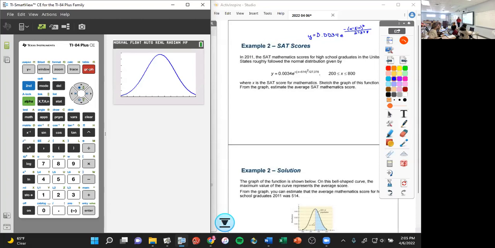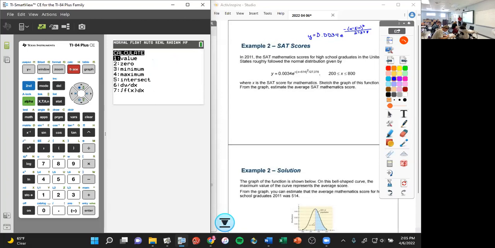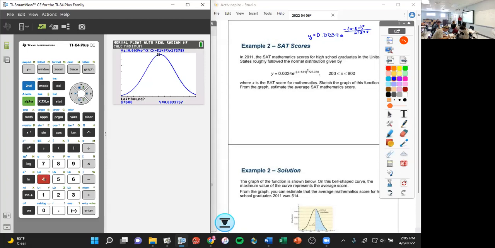I would do calculate maximum. Calculate is right here. Second, calculate. I want to calculate the maximum, number 4. The maximum happens left bound. Am I to the left of the maximum right now? Yes. Enter. Right bound. Have I passed it? Enter. Guess. Am I close? Enter.